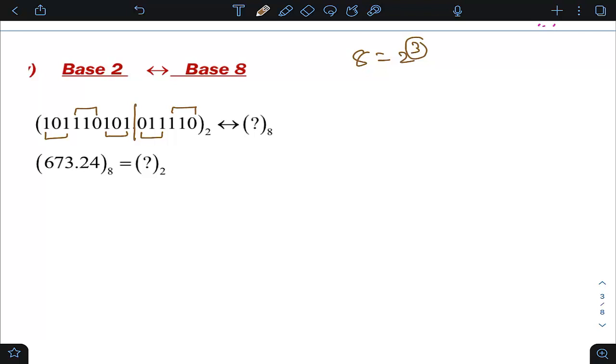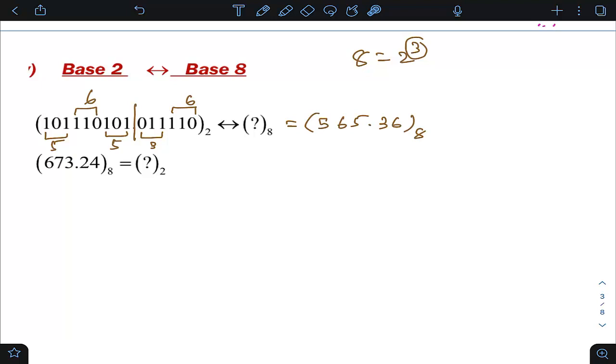In case there is some deficit, you can put zeros. Then you find the octal equivalent of each of these groups. The octal equivalent of 101 is 5, 110 is 6, 101 is 5, 011 is 3, 110 is 6. So the answer is 565.36. So this is in base 8.